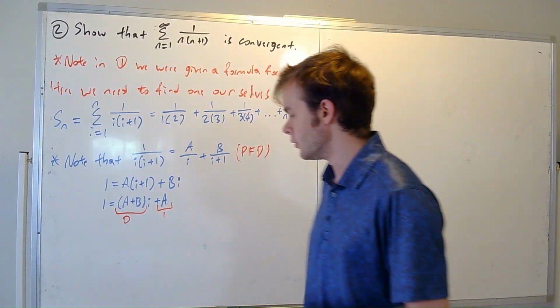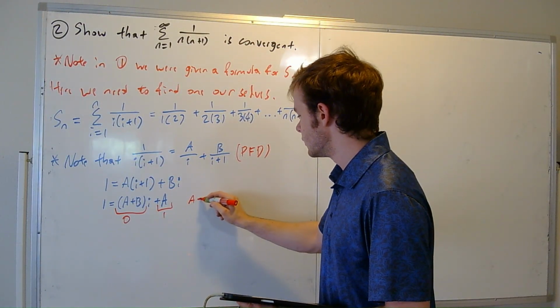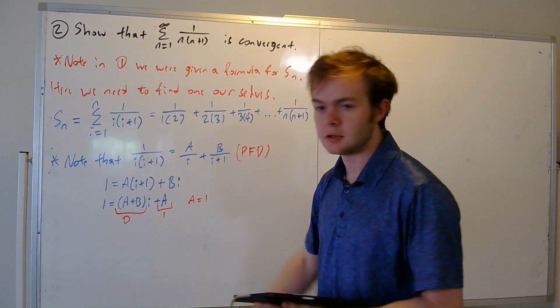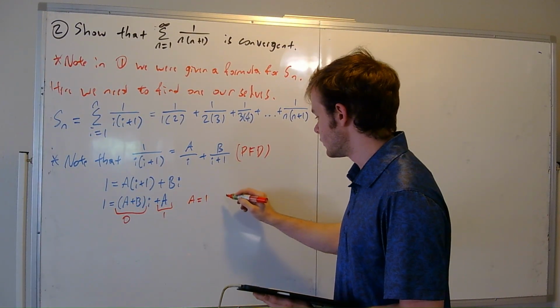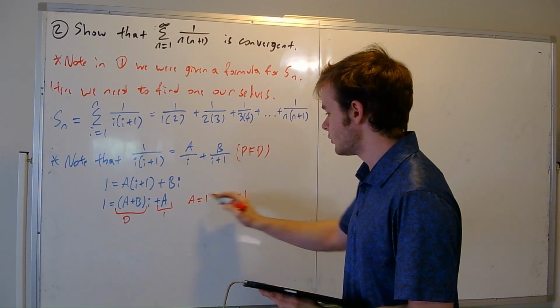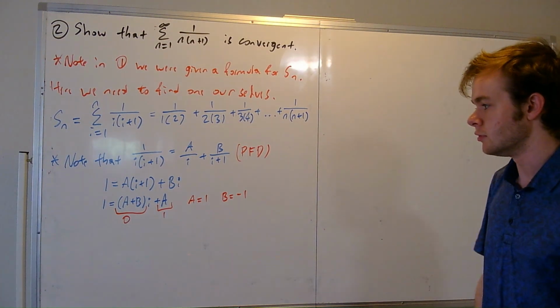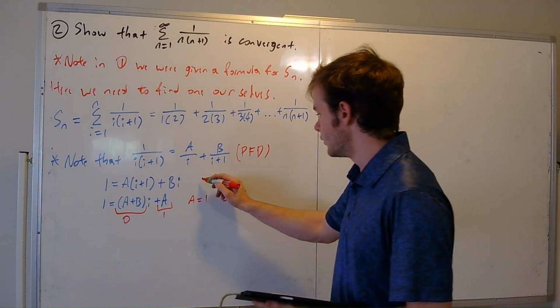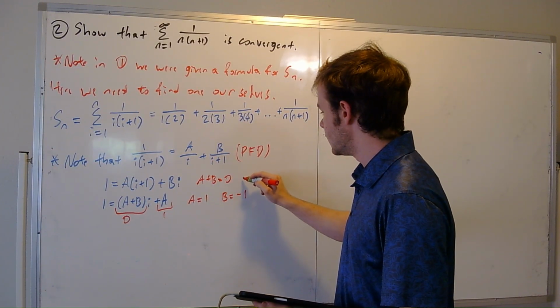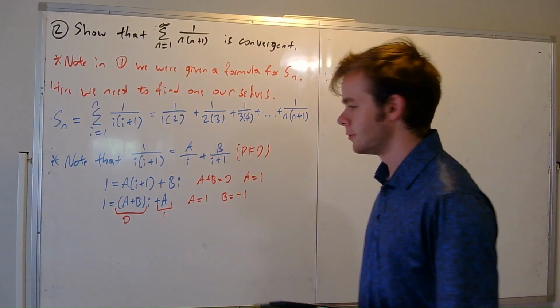So A is 1, so we get A equals 1. And if A is 1, and if you add A and B you get 0, then you're going to have to get that B is negative 1, because A plus B needs to add to give us 0. Right, that's just from solving the two equations, A plus B equals 0 and A equals 1.